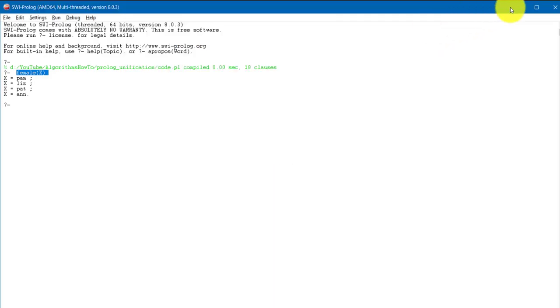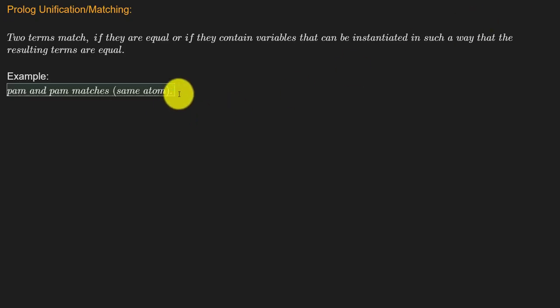Now similarly, if I go back to our blackboard again, 42 and 42 match because they are the same number, right? Now if I just say X and X, they also match, because they are the same variable.